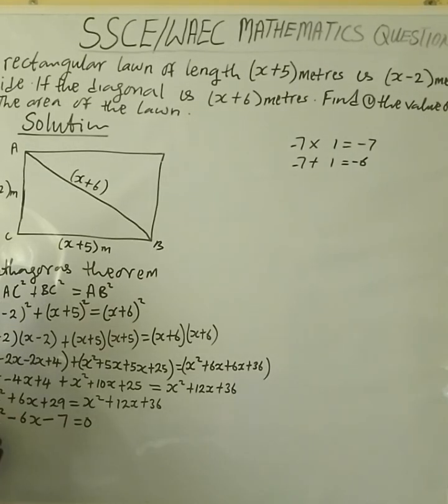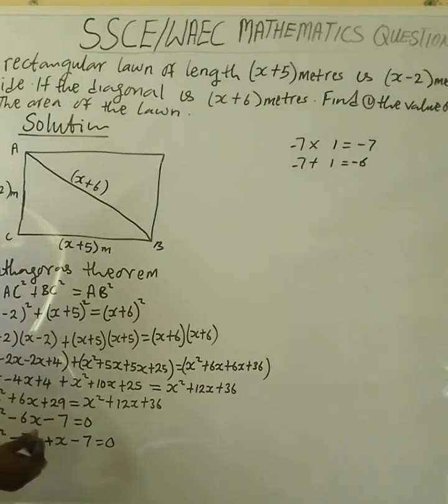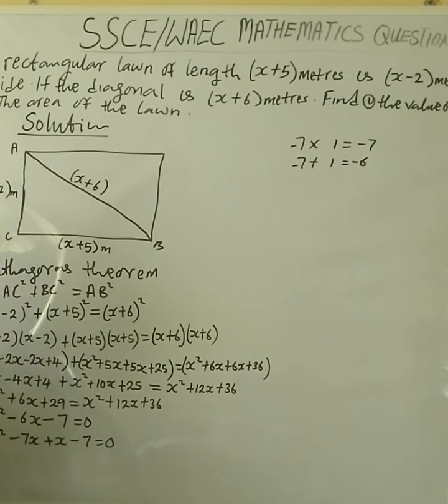It will now give us x squared minus 7x plus x minus 7 equals to 0. So having done that, we now group them together. What is the common factor between x squared and 7x?